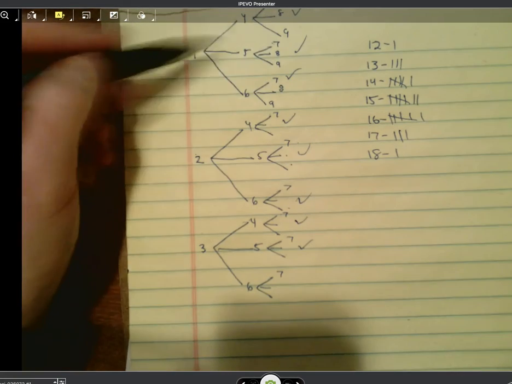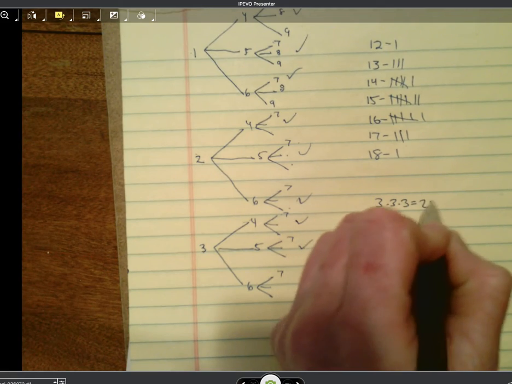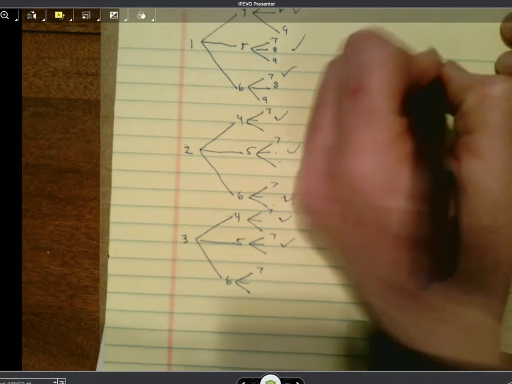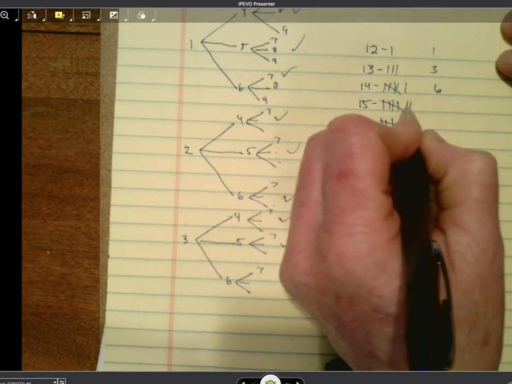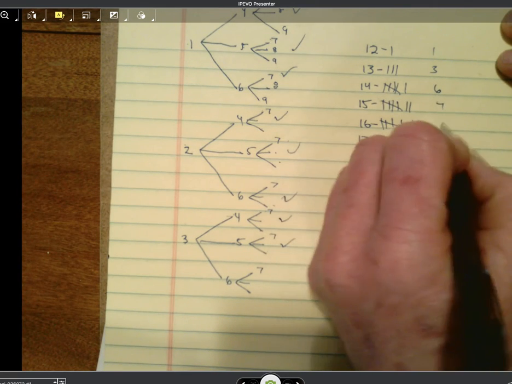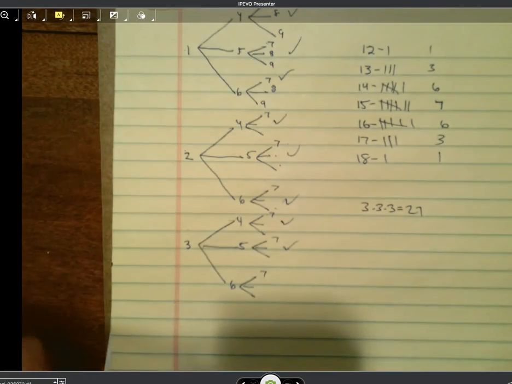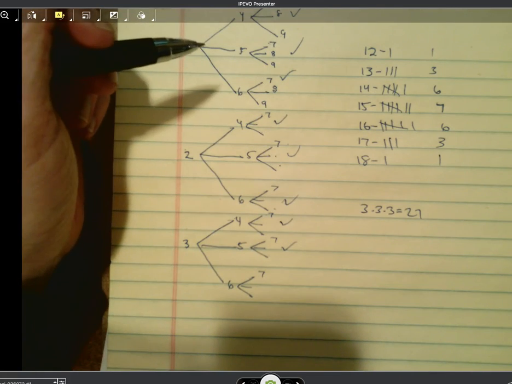We had 3 options, 3 options, 3 options. That's 27. So if we add all these up, it should be 27. So we have 1, 3, 6, 7, 6, 3, 1. Okay, if I add those up, I do indeed get 27.